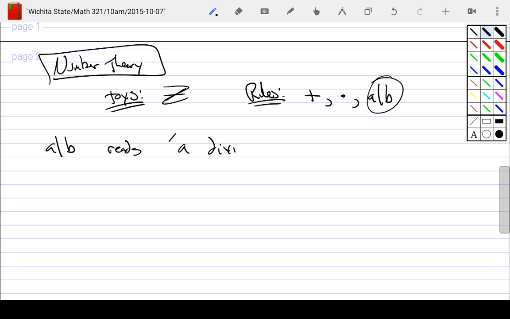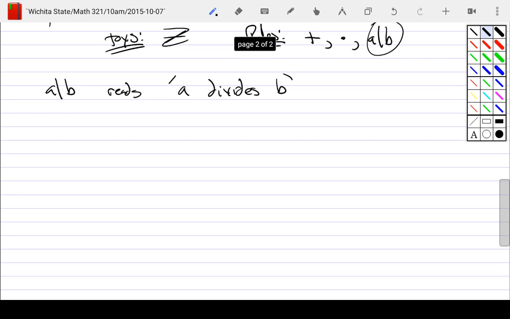A divides B. This, in particular, is not an operation in terms of numbers come in and numbers come out. This is a propositional function, right? What are propositional functions? Stuff comes in, but what comes out?